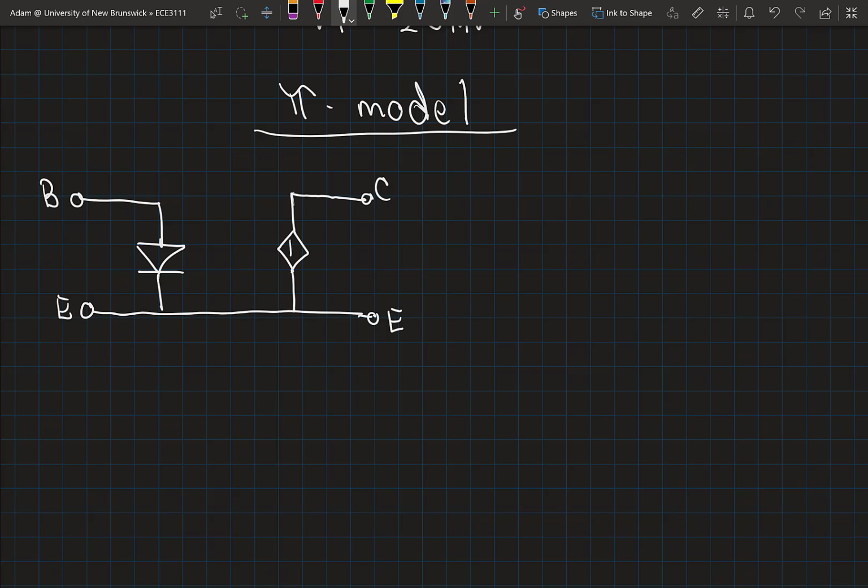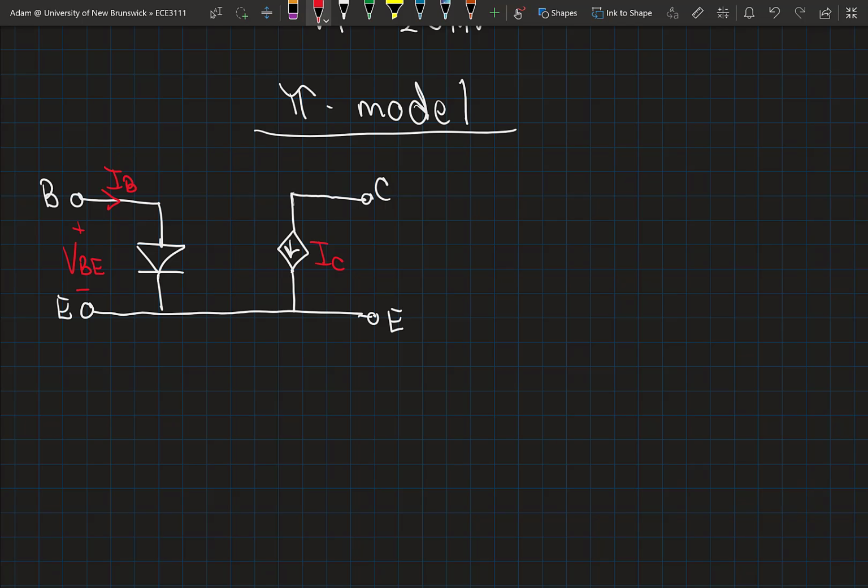Here we have this controlled current source again that is IC. We now have a base current that is a function of our applied base to emitter voltage.